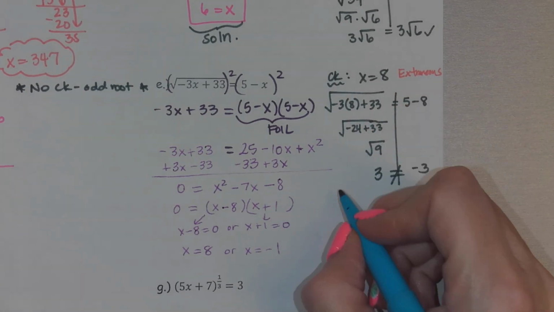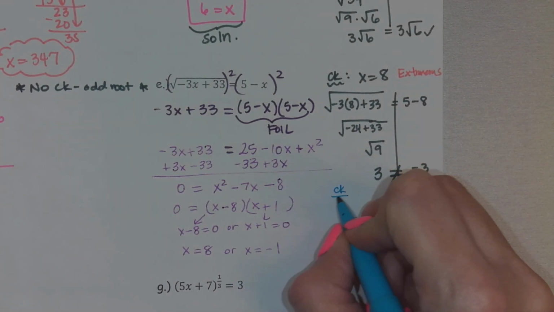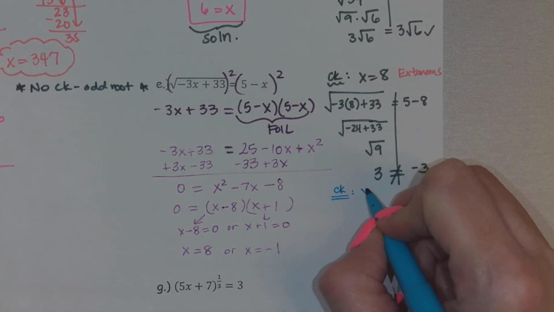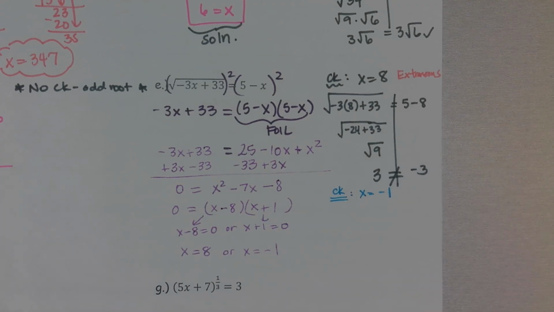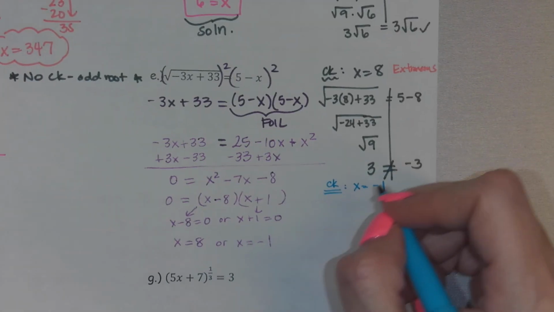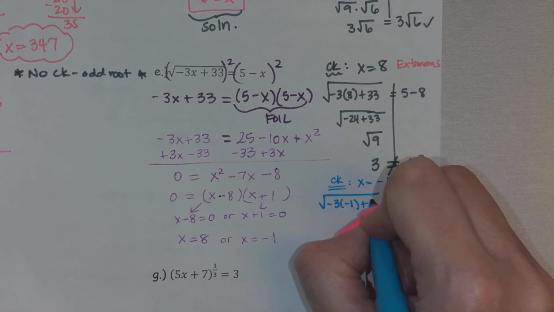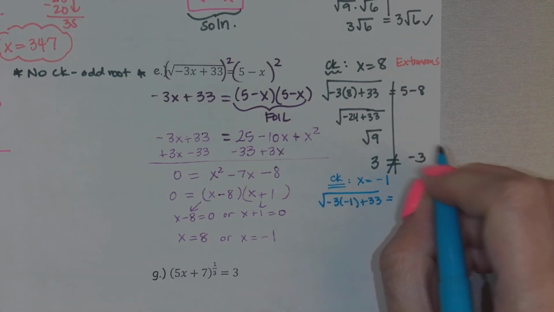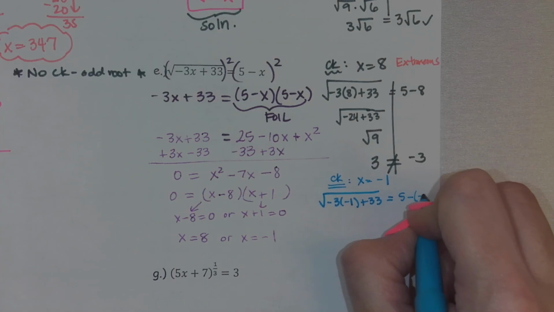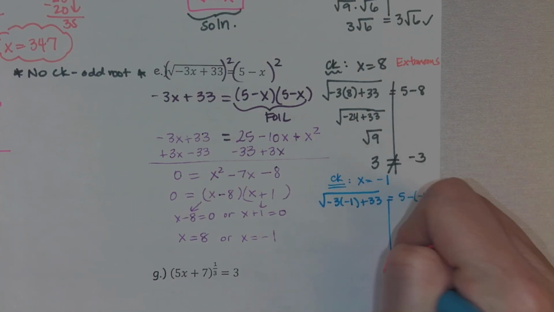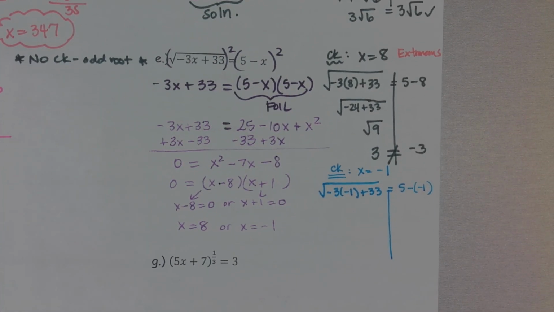Okay, if 1 works, that's our only solution. If 1 doesn't work, sorry, negative 1. If negative 1 doesn't work, then there's no solution. So again, we're just going to plug that in. So this is 5 minus -1. Okay, so think about what happens if you have minus a negative. It turns into plus.